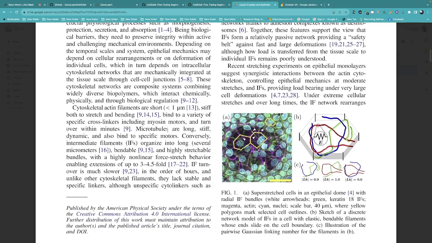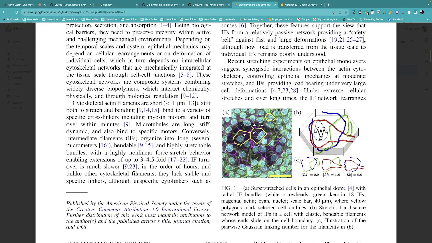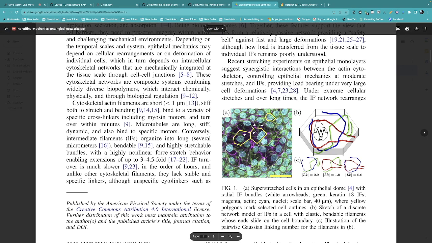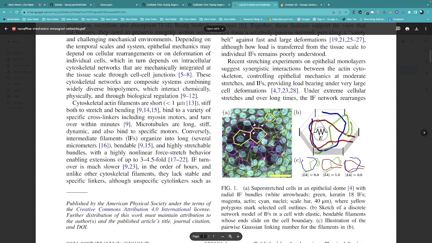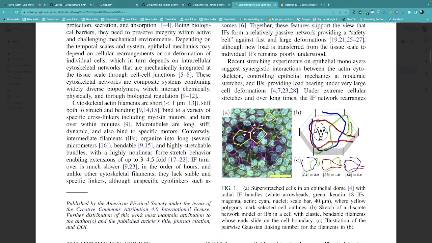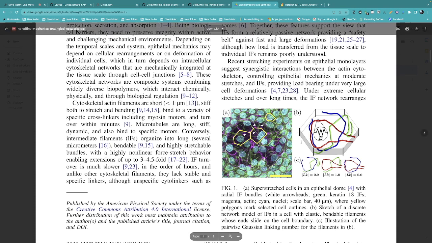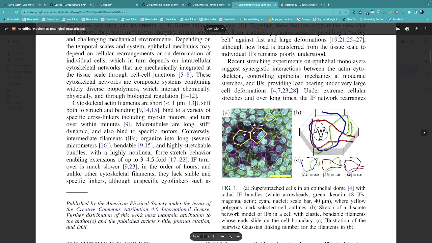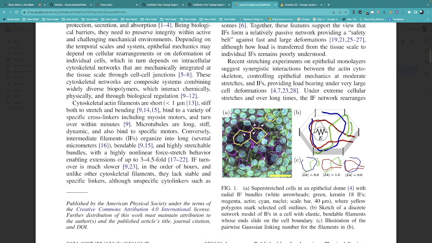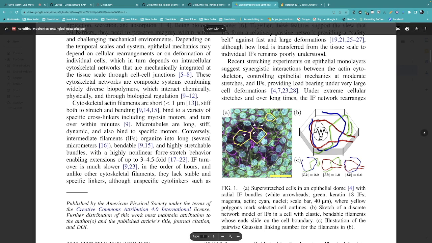And then they talk about microskeletal actin filaments, which are short, stiff both to stretch and bending, so less than 1 micron. They're pretty small in diameter, so they're like a very, very tiny rope in some ways, and they attach between different cells.